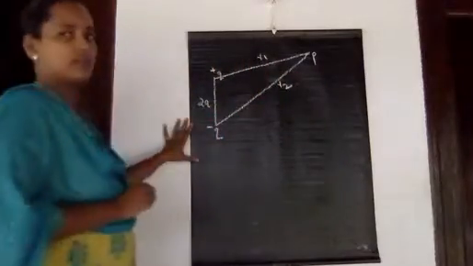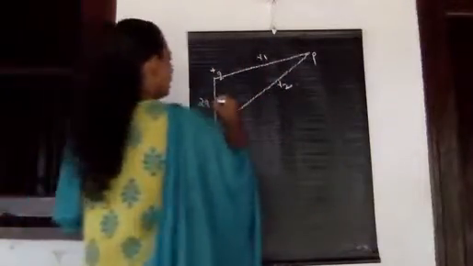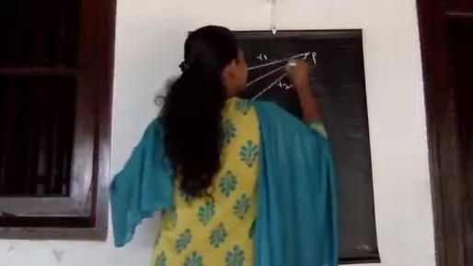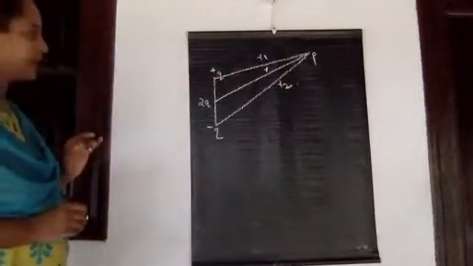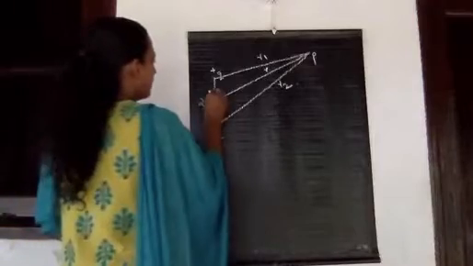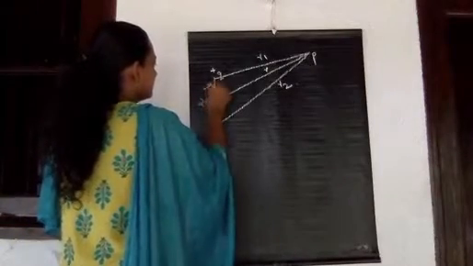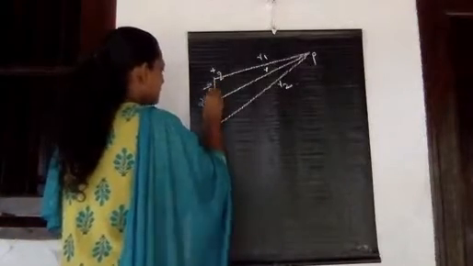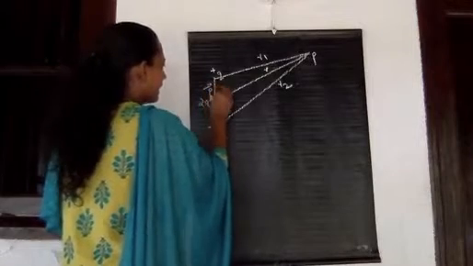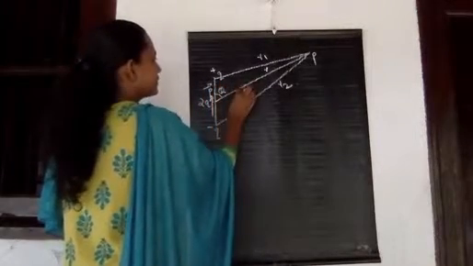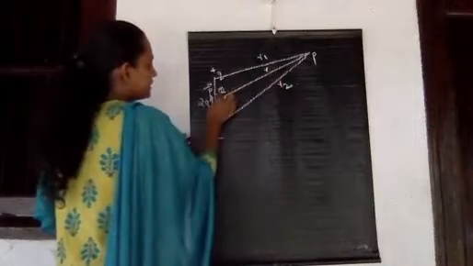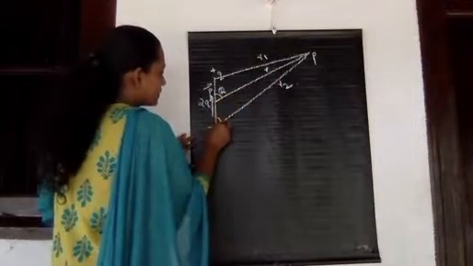That's our figure. Once more I am drawing that same figure, and from the center this distance is R itself. The dipole moment vector is acting along this direction, and it makes an angle theta with respect to this position vector. So since this angle is theta, this angle also becomes theta.